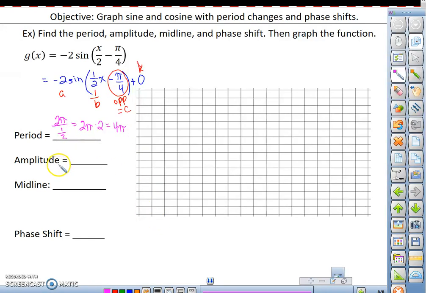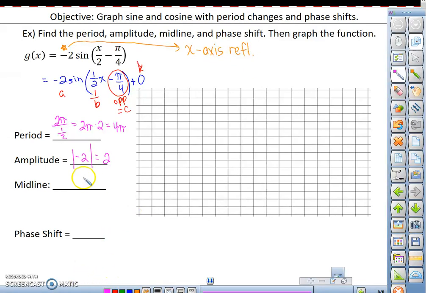Then we have an amplitude that is the absolute value of our a parameter, and the absolute value of -2 is 2. Now at some point, it's probably a good idea to write down that because your a parameter is negative, you will have to remember to graph an x-axis reflection.